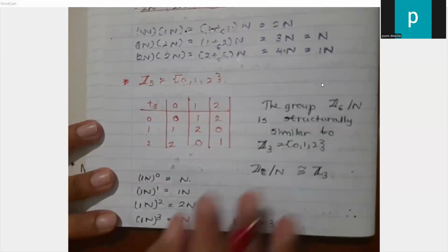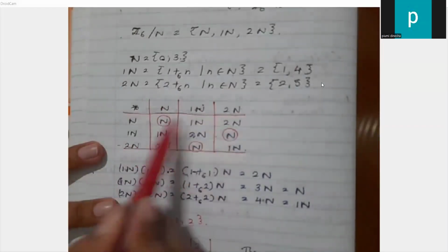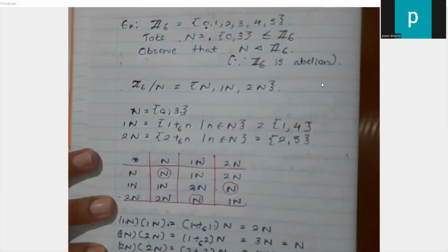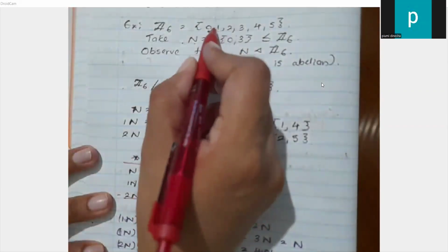Now see the correspondence. This is abelian. This is a symmetric matrix you see over here. Therefore, this is abelian, right? This quotient group is abelian. Z6 is also an abelian group. Not only that, Z6 is cyclic. You can generate it by 1.